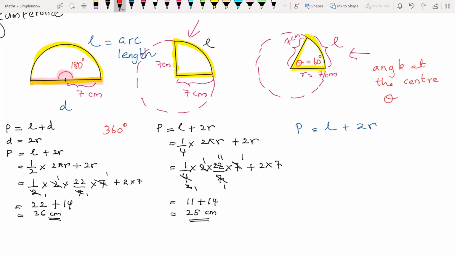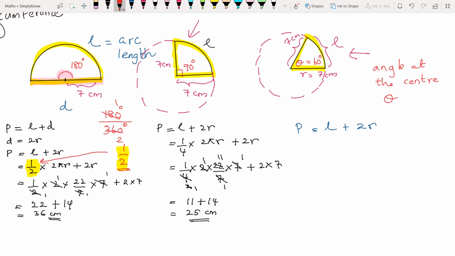Now, if you write the angle at the center of this semicircle as a fraction of the total angle at the center, it should be like this. And when you simplify this, we know that 18 times 2 is 36. So this means we get a half. So similarly, this angle at the center of this quarter of the circle is 90 degrees.